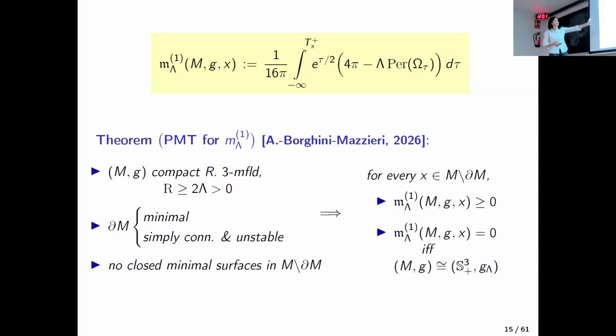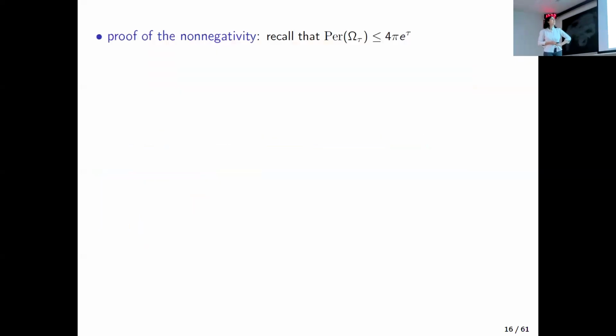So these were the hypotheses, and so this is the thesis. The one harmonic mass is non-negative, and it characterizes the lambda de Sitter metric, the round hemisphere metric. I prepared also some slides about the proof, but I think it's better to skip them, even if it is quite quick, I have to say.